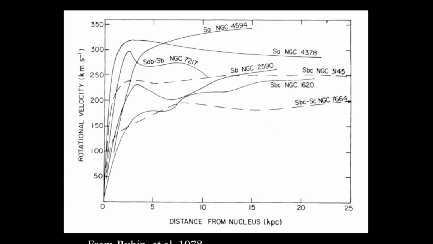Other galaxies as well show this same pattern of rotation curves. This is an image that comes from a peer-reviewed journal publication from Vera Rubin and her collaborators that was published in the late 1970s. Vera Rubin did a lot of the work in the 1960s and 1970s measuring the rotation curves of other galaxies.